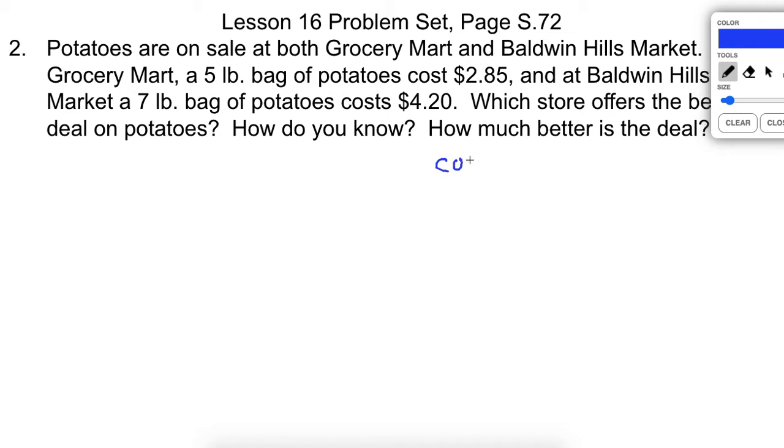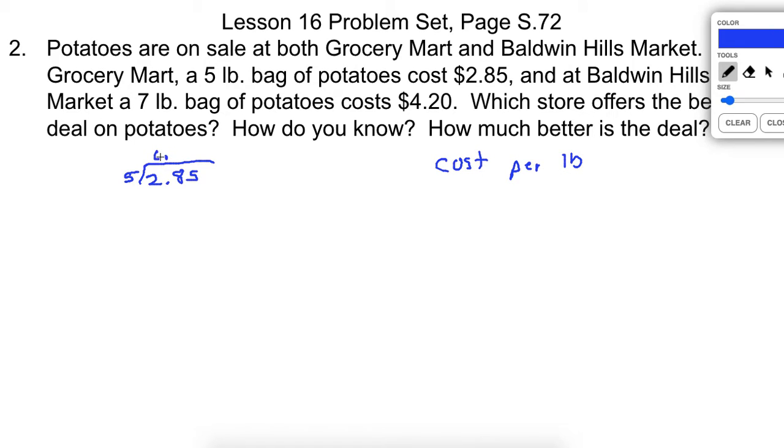So cost, and almost all these guys, per pound, you're almost always going to divide the cost by something else. In this case, it's the cost by pound again. So for the Grocery Mart, it's $2.85, and we're going to divide that by 5 because it's 5 pounds there. So it's going to go in that.